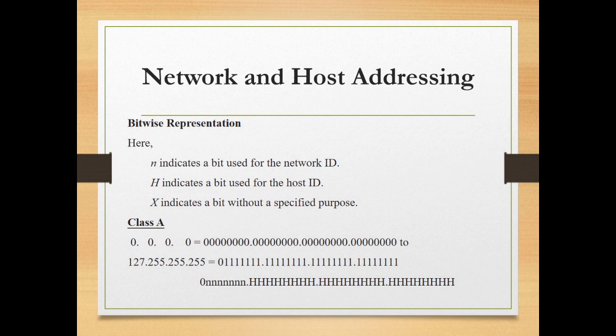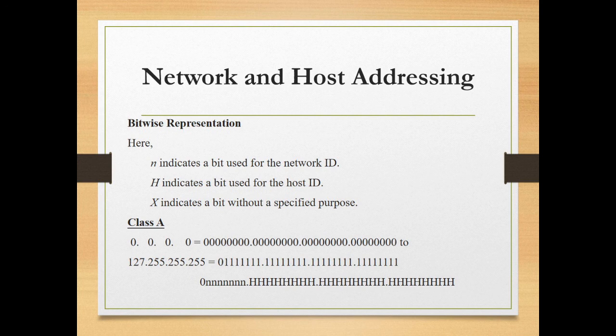Here, for each class, the range where it starts and where it ends is given along with the host and network representation. So class A ranges from 0.0.0.0 to 127.255.255.255.